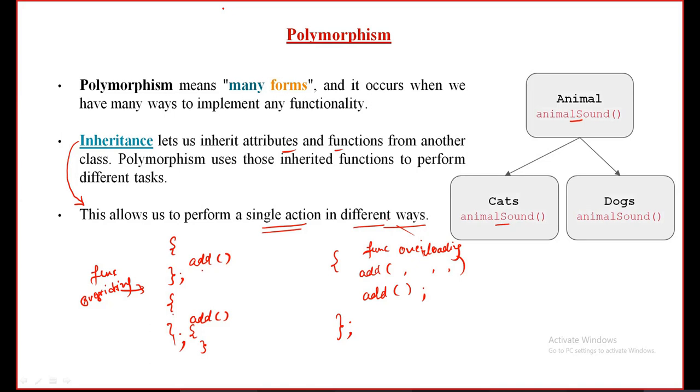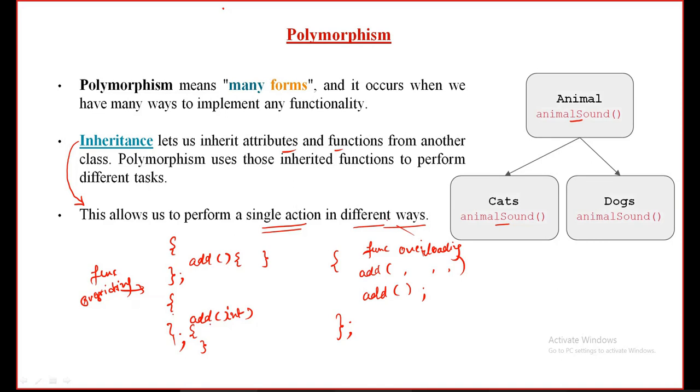If I have a member function in my base class, like an add function having no parameters at all, and I have a member function in my derived class with the same name, but it is having an argument, is this a scenario of function overriding?